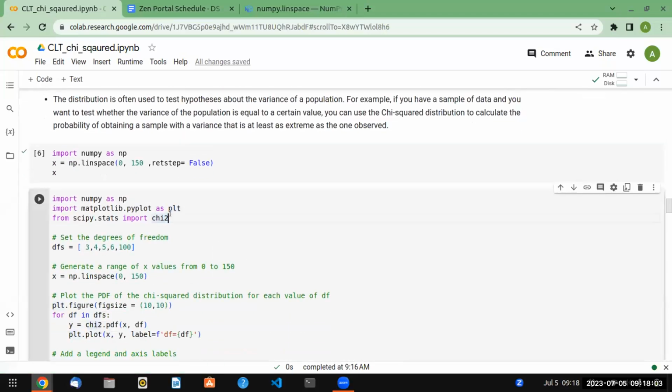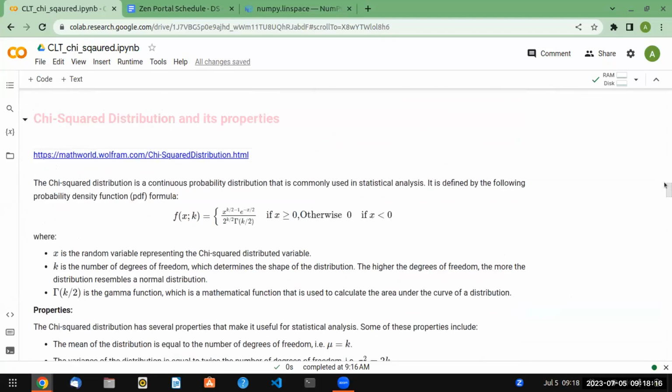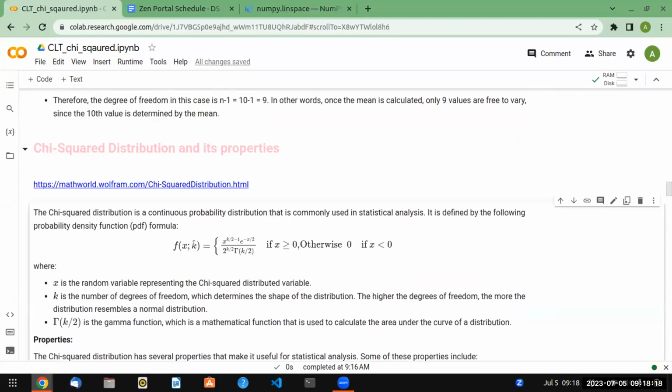Now we'll take x1, put it in this function and calculate y. The same thing, but here is one catch: apart from x1 we have another variable. What is this k? Degree of freedom.